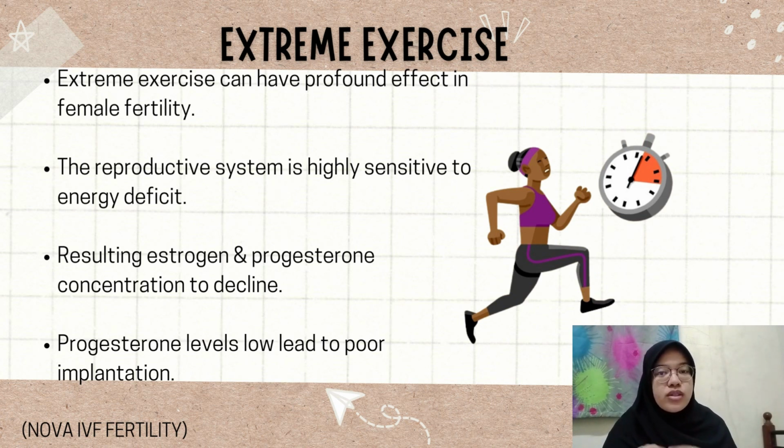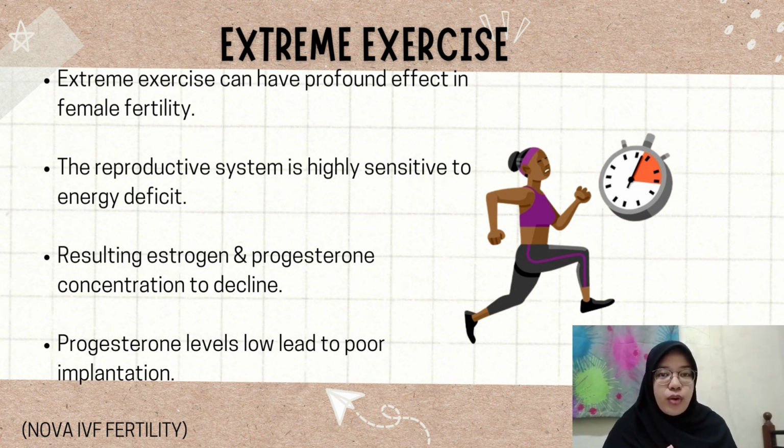In an attempt to conserve energy, triggered by an energy deficiency, the production and pulsatility of the reproductive hormones are altered, at all levels of the hypothalamic pituitary ovarian axis. As such, estrogen and progesterone concentrations decline, resulting in a spectrum of exercise-associated menstrual disturbance (EAMD).